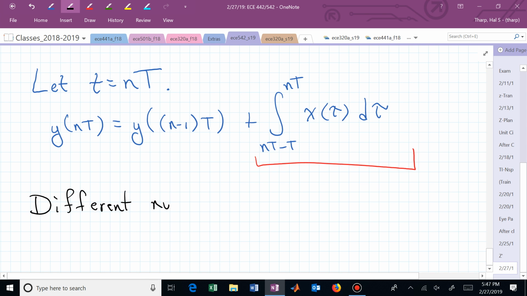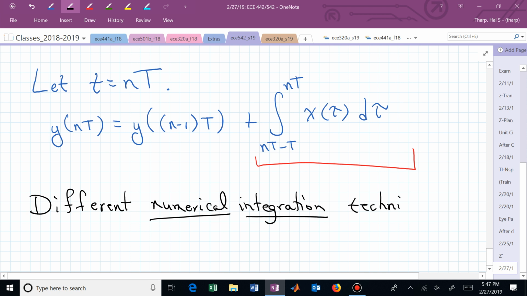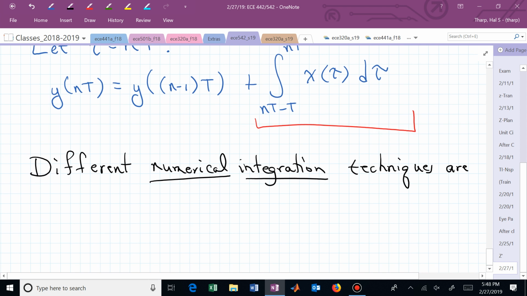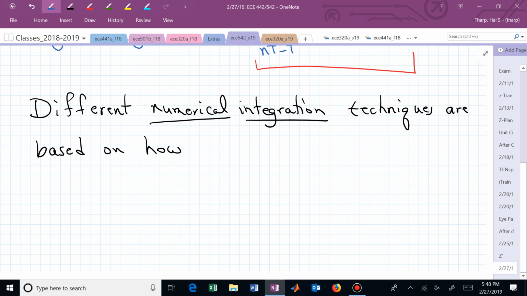The different numerical integration techniques are in fact based on how we approximate this integral.